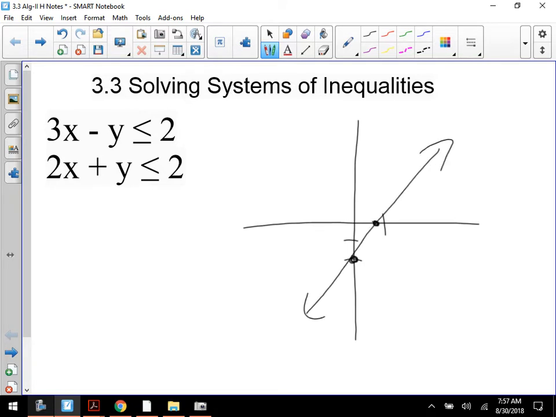Did this one go through the origin? No. So I'm going to use the origin as my test point, just like we did about a week or so ago. When I test that, what is 3 times 0? 0. What is 0 minus 0? It's not 5. I mean, I get it. If we have to use the calculator, we can, but it's not necessary. 0 minus 0, if you take nothing from nothing, you're left with nothing.